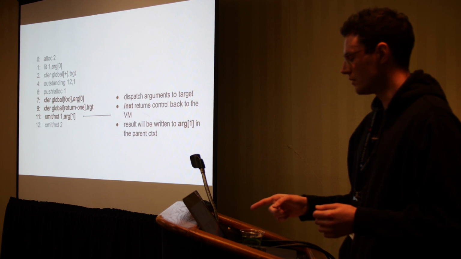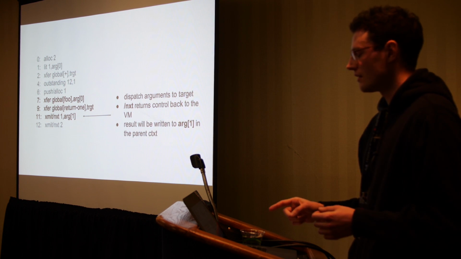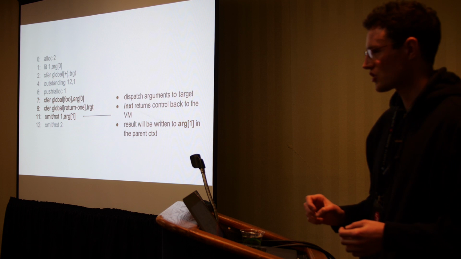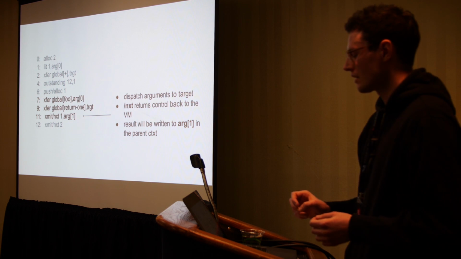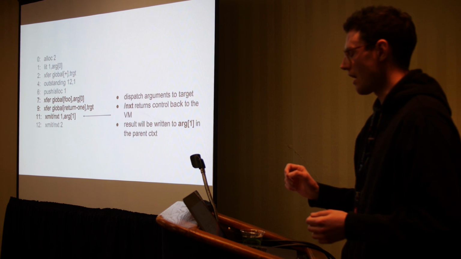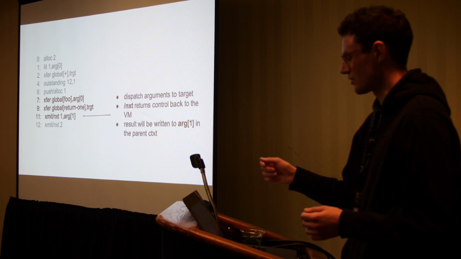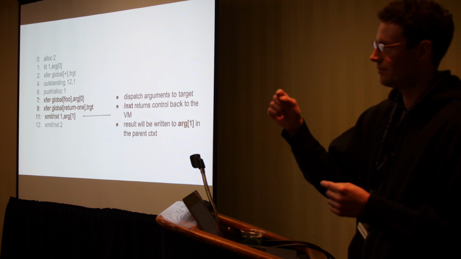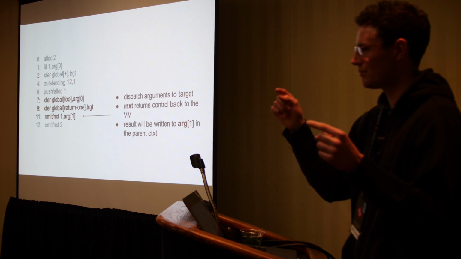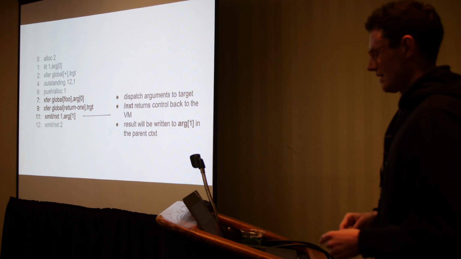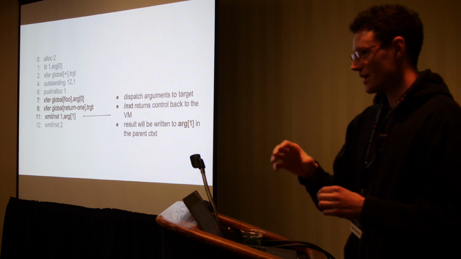The arg1 here means that the result of the dispatch will be written into arg1, which is the second argument tuple position, and written back into the parent context, because that's where we want to have it.